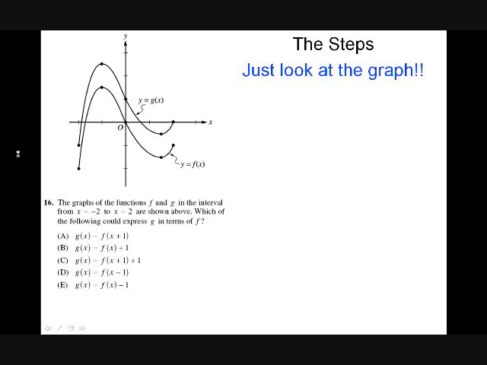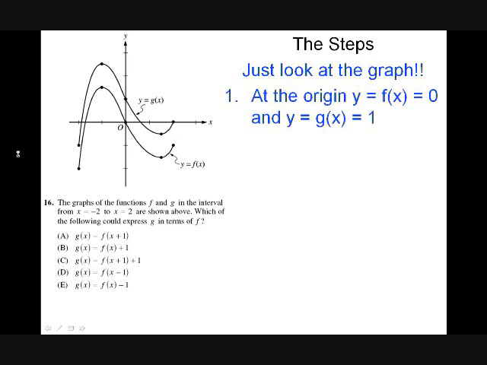So the difference in the two graphs is a value of 1. So based upon that, I would select B as my answer, which is f of x plus 1.